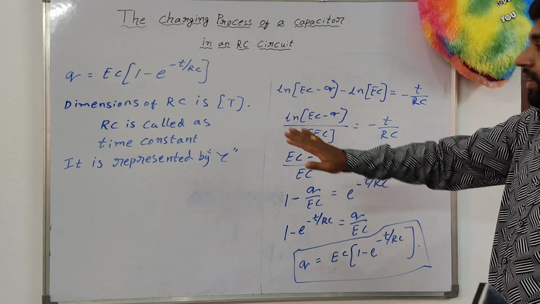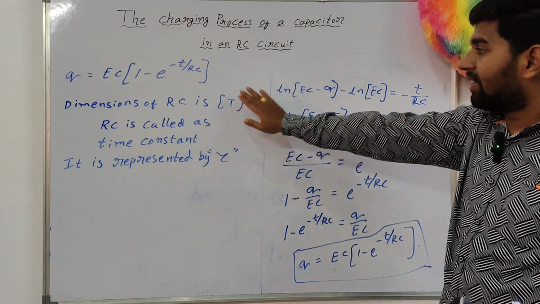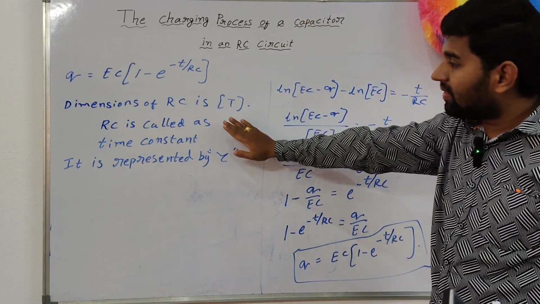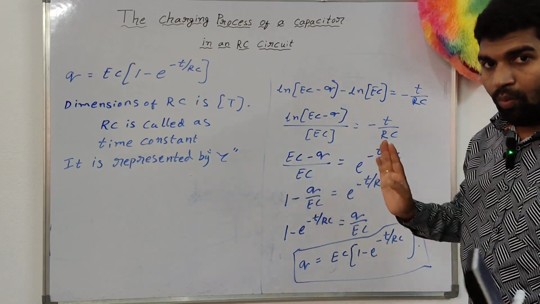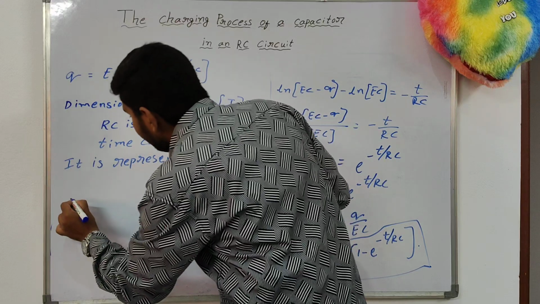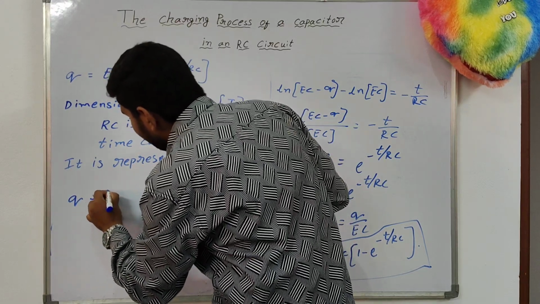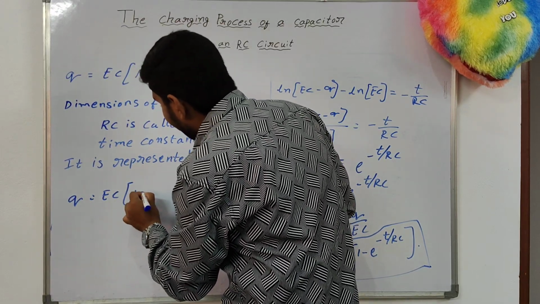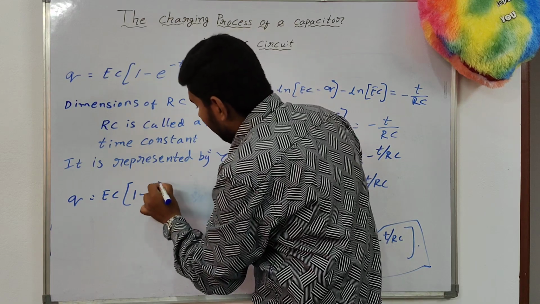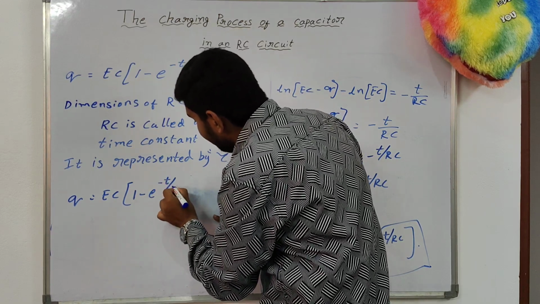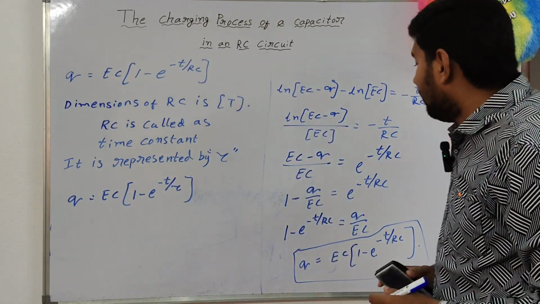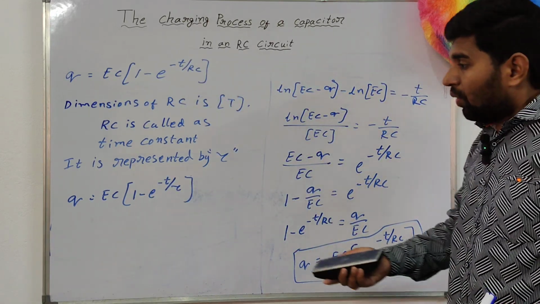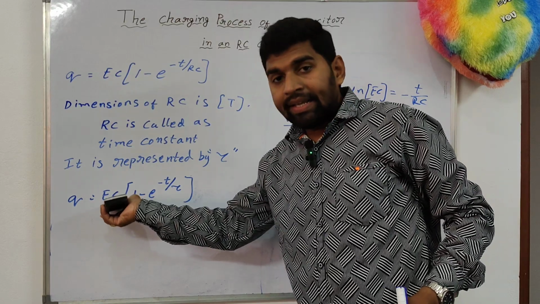Is that clear? Here the dimensions of RC is T only. It is also written as q is equal to EC multiplied with 1 minus e power minus t, and instead of RC, we can also write tau. Is that clear? Now if you observe carefully, what is the term EC? EC means what?